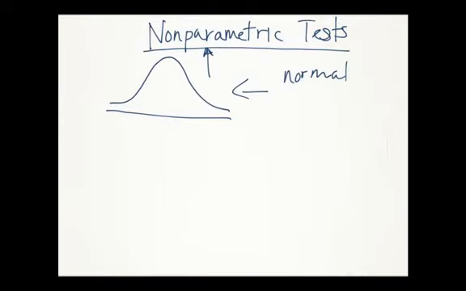In a nonparametric test, you're not making these parametric assumptions, okay? And so once we decide that we're going to go forward with a nonparametric test, the steps of hypothesis testing are the same, but what's going to change is the null hypothesis that we're testing and also the calculation of the p-value.